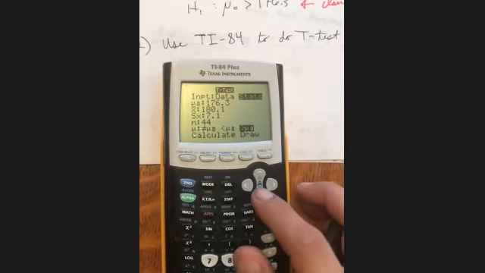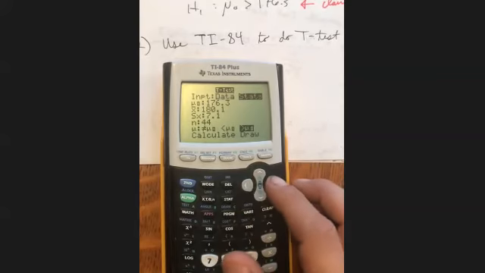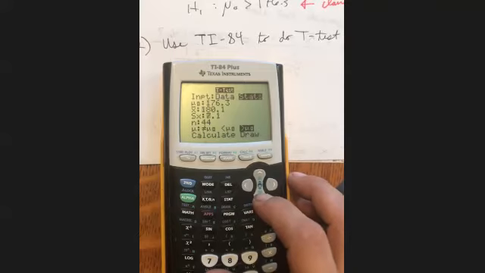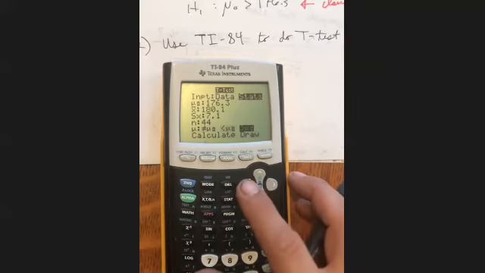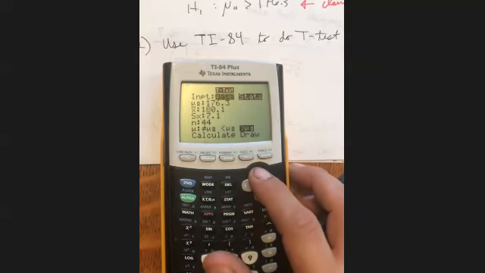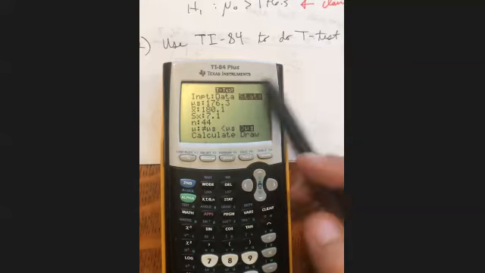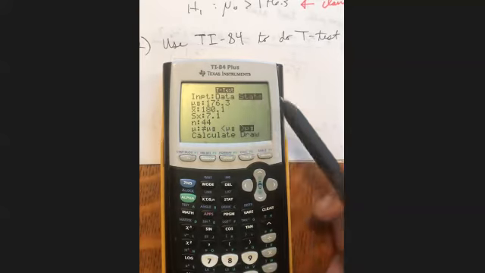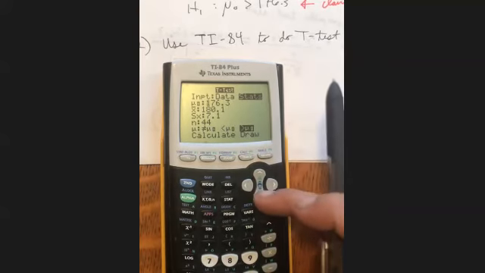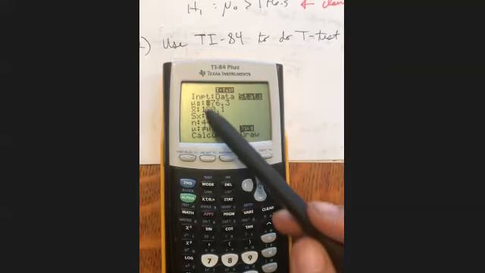When I bring that up, I get this menu with a couple options: a mu naught, an X bar, a sample standard deviation, a sample size, and what the alternate hypothesis is. Generally we don't have data, we're working with statistics, so we select statistics and then input all this information.